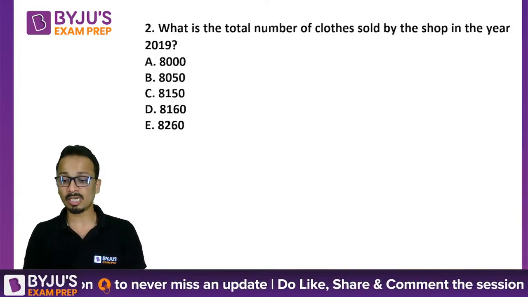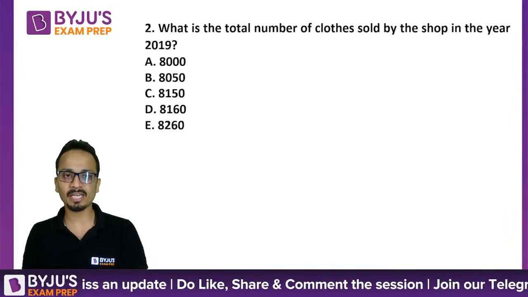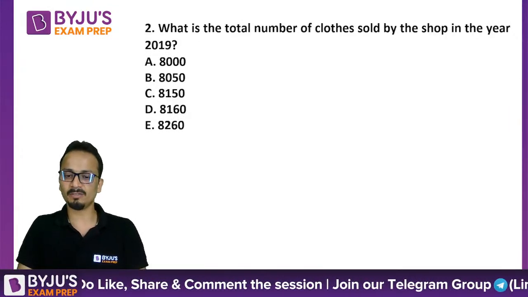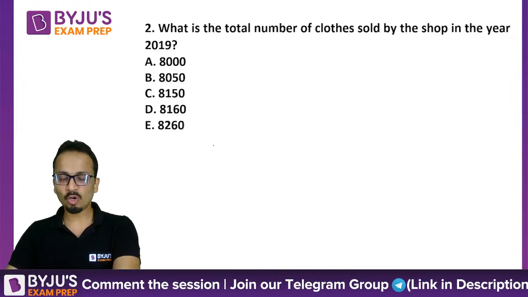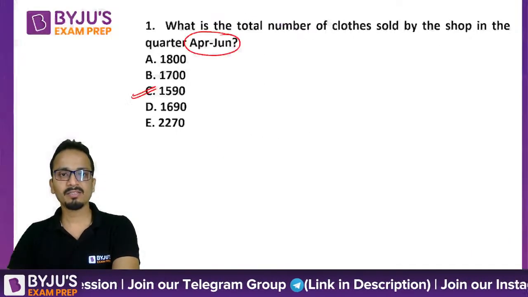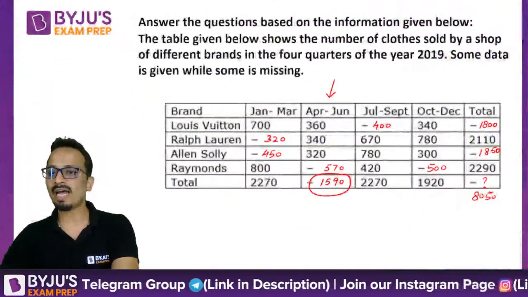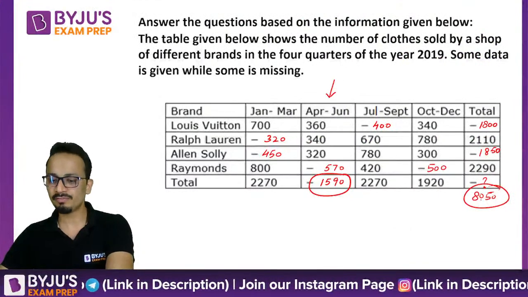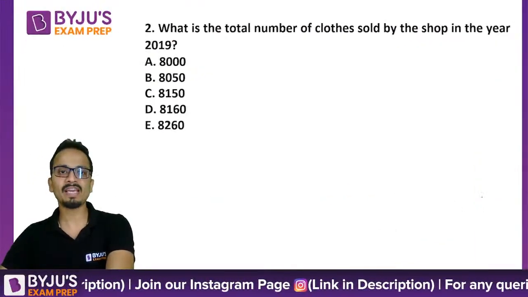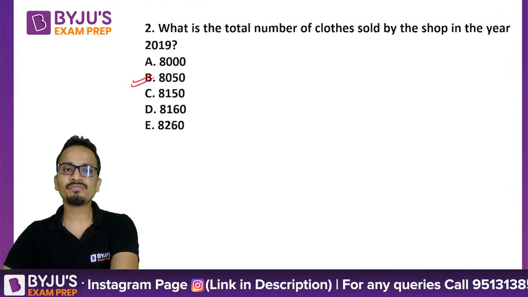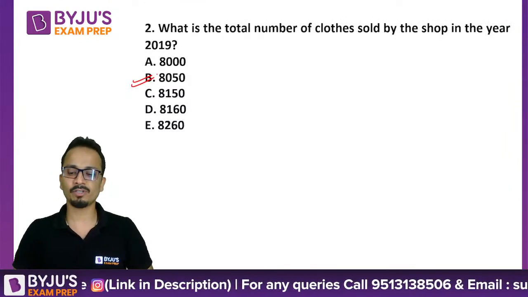The total number of clothes. The last number which we have calculated. Come on, what was the answer? If I go back to the table, the sum of all these values was 8050. So 8050 will be the correct answer for this one.